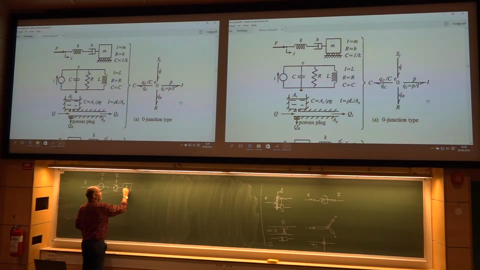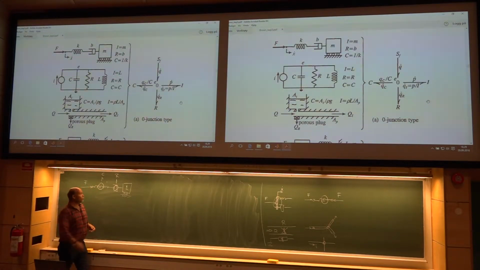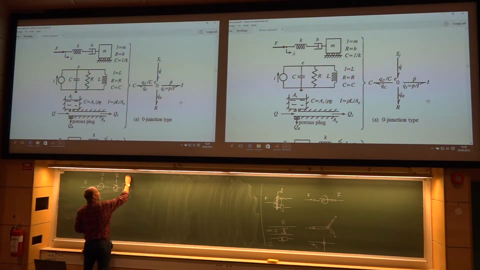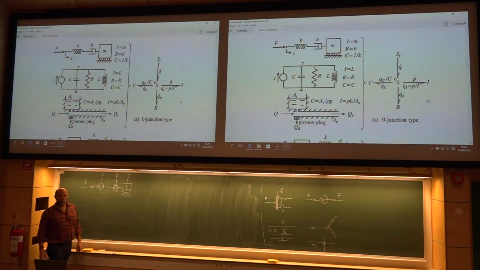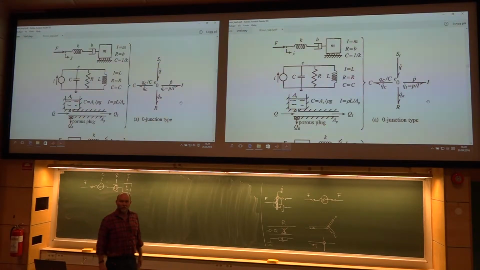So here will be represented with a 1 junction and then an inertance. This point, well, he is being attacked by source, but again he has no other parts connected to him, so we don't need a junction for that one. That should be the first raw bond graph for that problem.